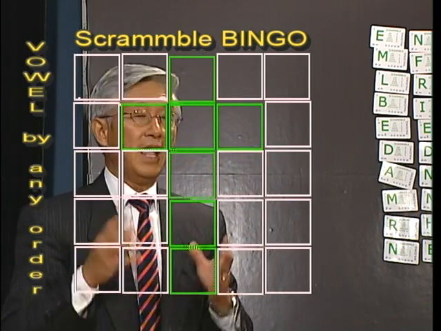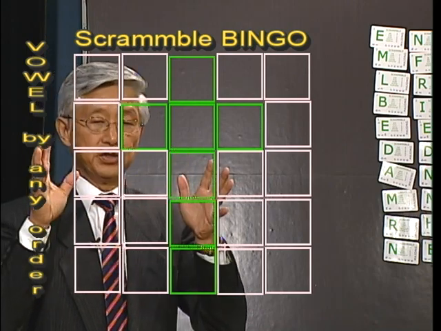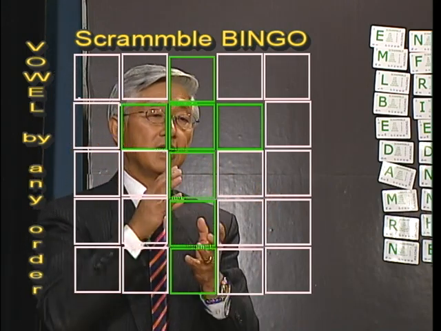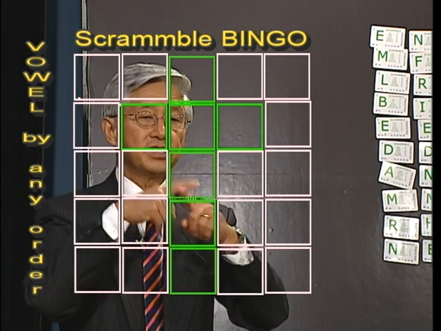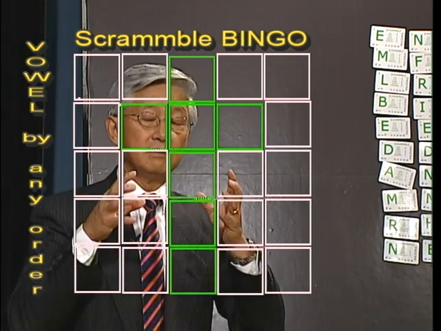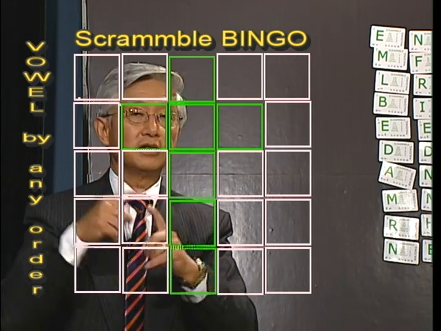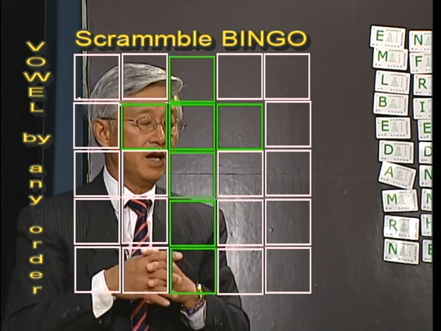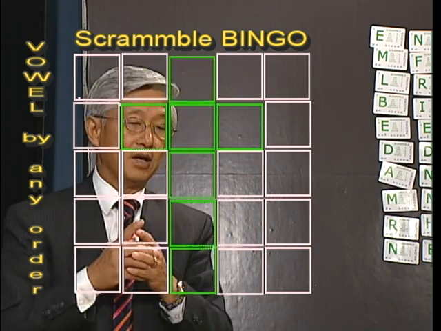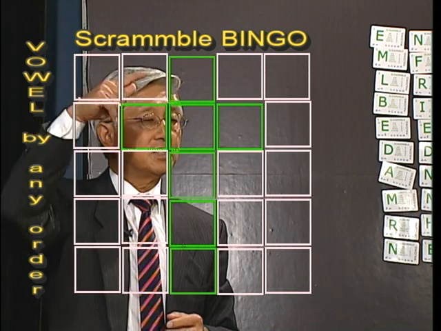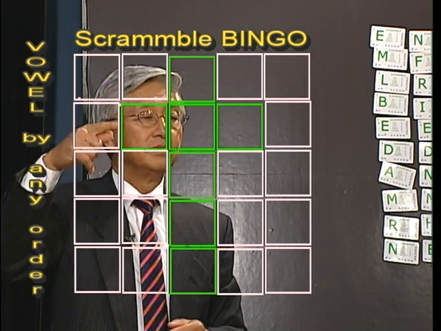Again, we have 2 versions. The simple version does not force you to make double vowels when you intersect 2 vowels. And a little more challenging game, you do have to use double vowels because you intersect 2 vowels. So that is a cross. Now, you can make a cross which is diagonal.